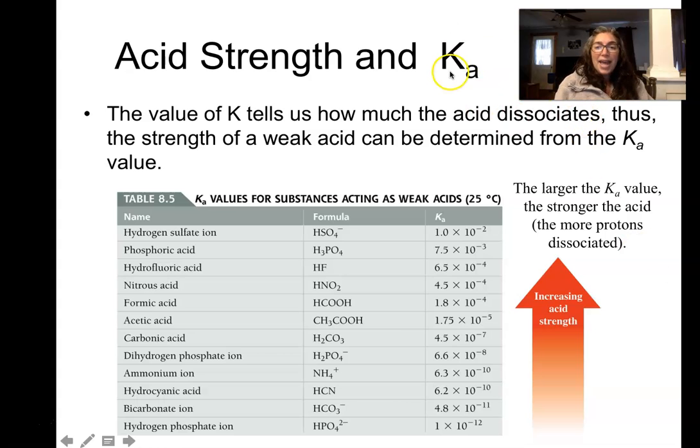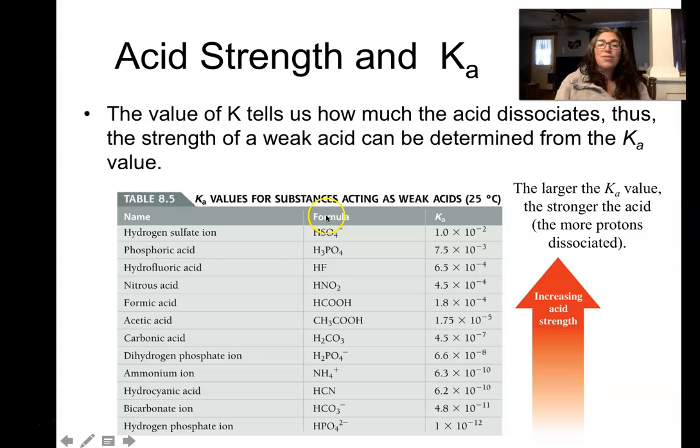So the Ka, since it's the equilibrium constant, and the larger the K value, the more dissociation, the more product is formed. Because of that, the larger the Ka value of an acid, the stronger the acid is. In other words, the more product it forms, the more it dissociates.